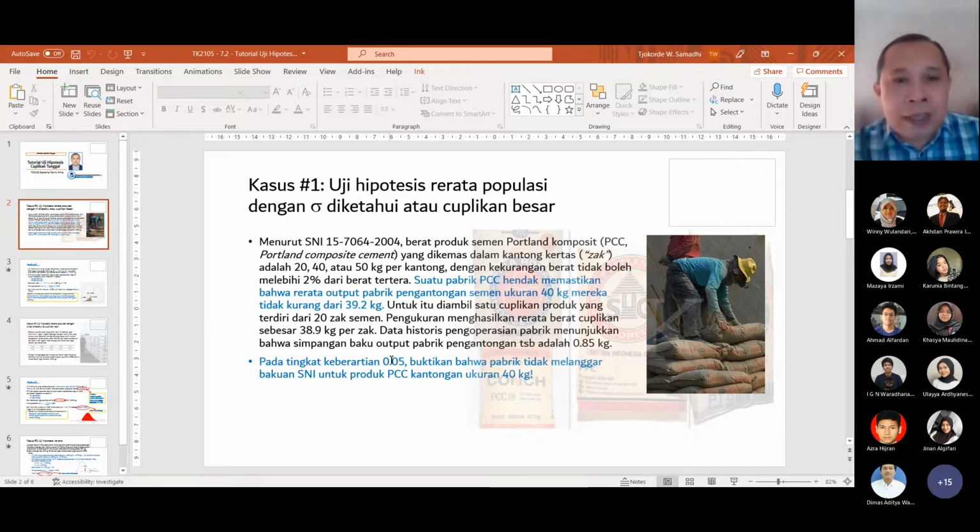So again, at a significance level of 5% or equivalent to a confidence level of 95%, prove that the company did not violate this SNI standard for 40 kilogram PCC product. Underline the words in blue there: the factory wants to prove that they did not violate the SNI standard.